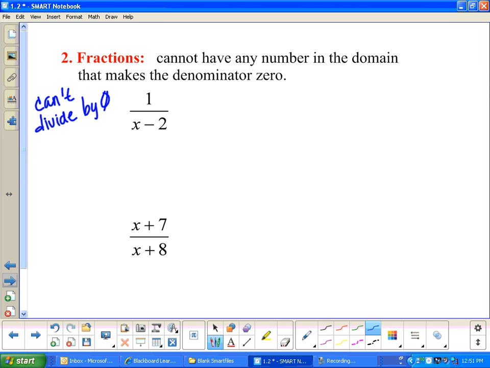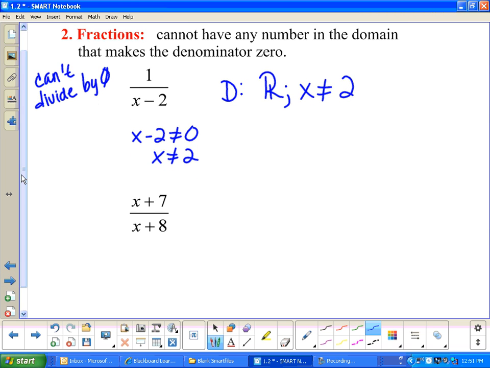So in this case, we'll say the domain is all real numbers except x cannot equal 2. Because if I substitute in 2, 2 minus x minus 2 cannot equal 0. So x cannot equal 2.